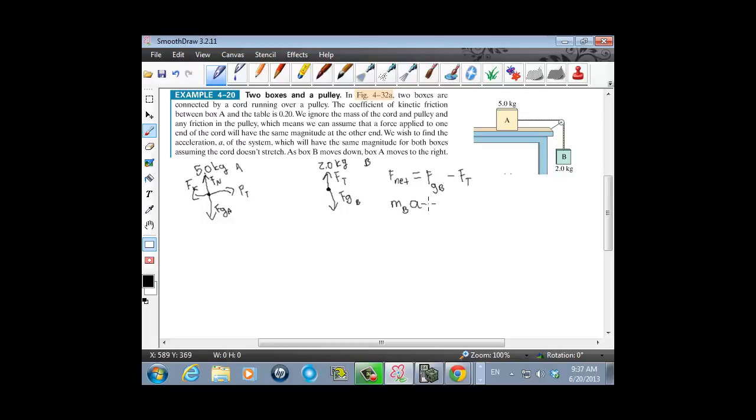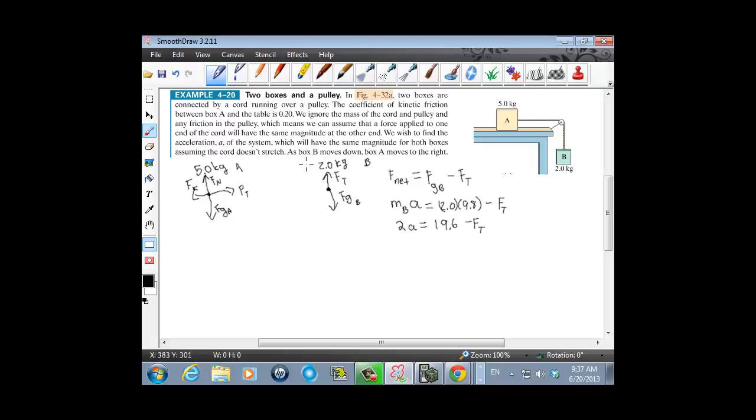That equals the force of gravity on B. B is 2 kilograms, so that'll be 2.0 times 9.8 minus the tension. So this is 2A equals 19.6 minus the tension. Okay, so we have one equation and two unknowns.